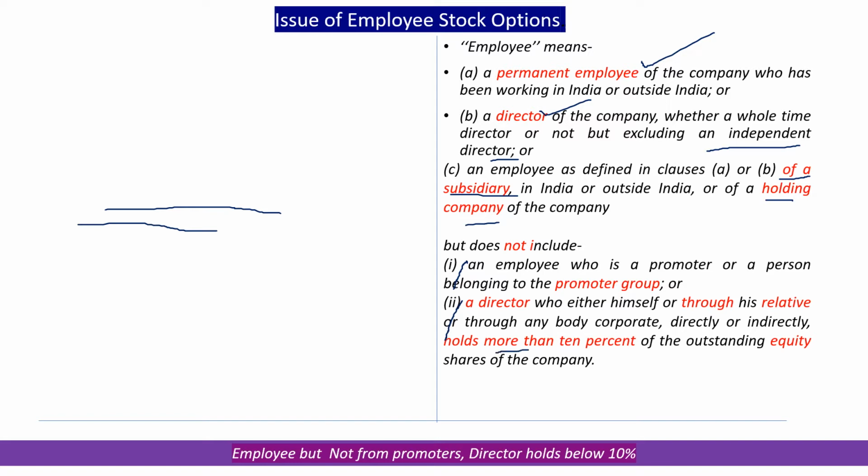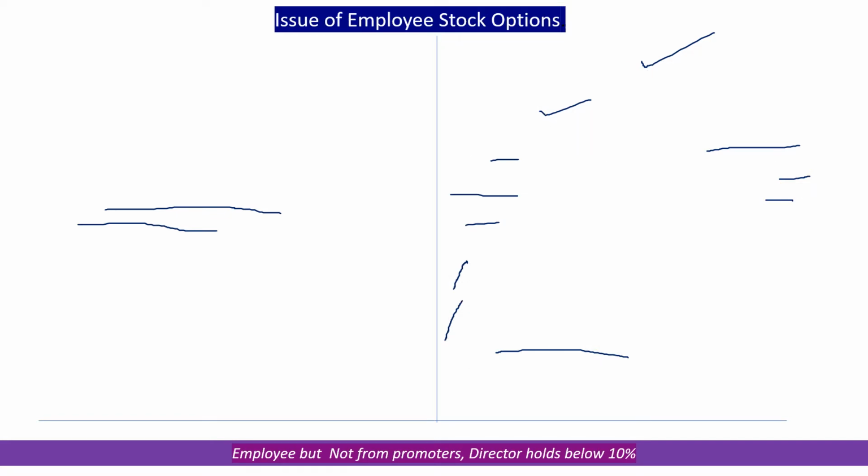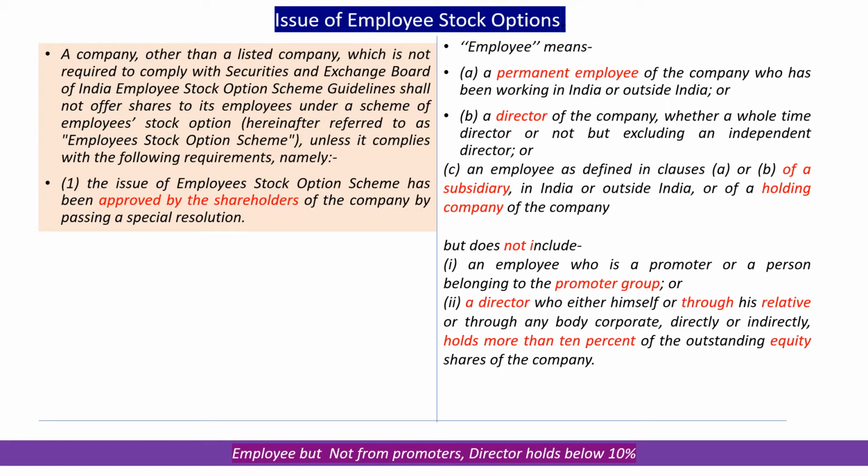Or he should not be related to one who holds more than 10% of equity shares of the company. Employee stock option is to employees or directors. Approved by shareholders, permanent employees, directors, and not related to promoter group.